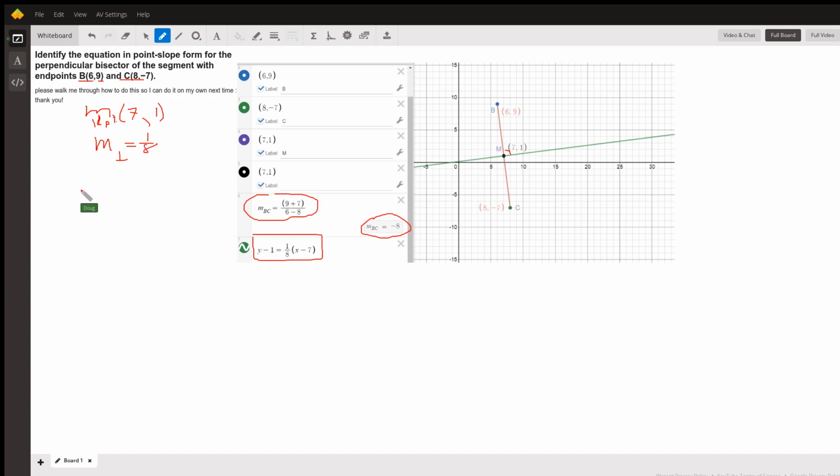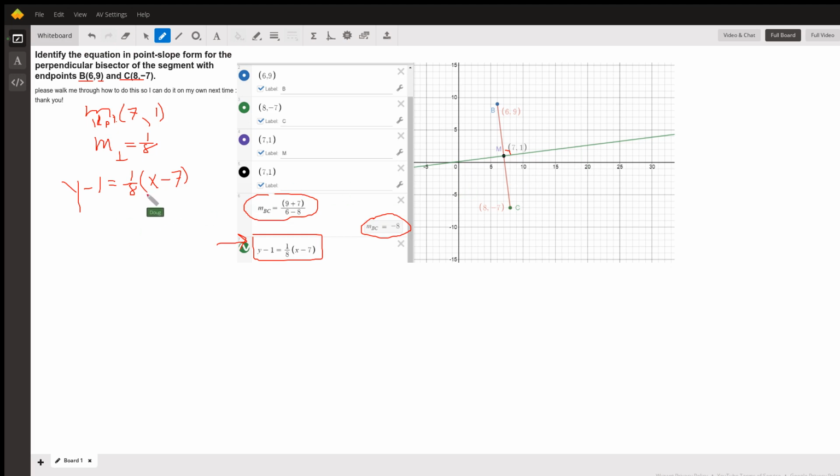So point-slope means y minus the y-coordinate of the point that we know. That's y minus 1 equals the slope times the quantity x minus the x-coordinate, 7, which is what we have right here. And it certainly looks like that is the perpendicular bisector of BC.